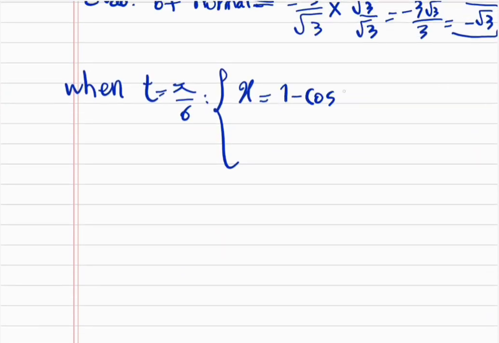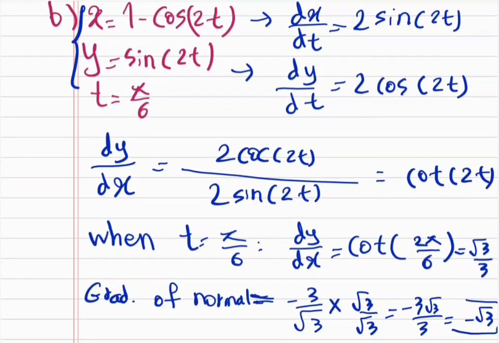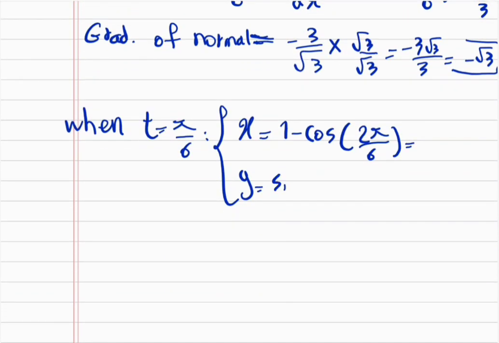So 1 minus cos, t is equal to pi over 6, so 2 times that is this. And then the value of y is sine 2t. So sine of 2 pi over 6. And now we calculate these values. So x is equal to a half and y is equal to root 3 over 2.